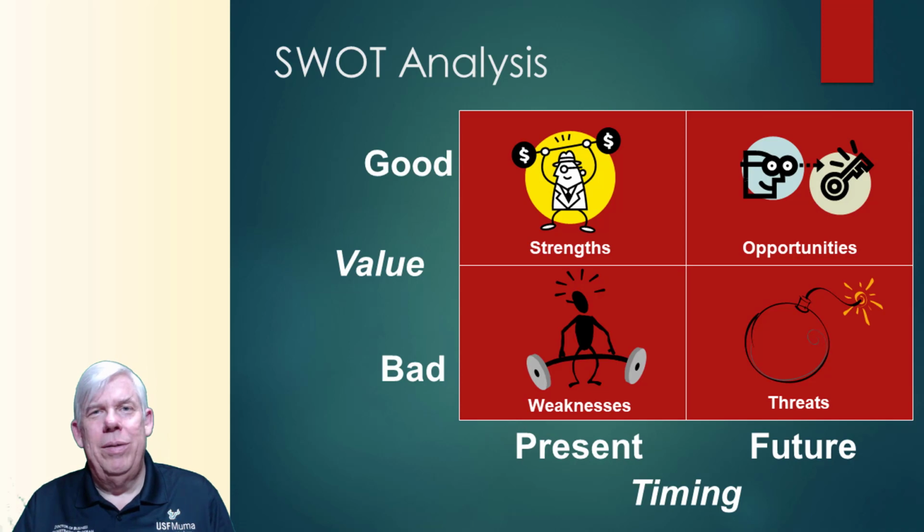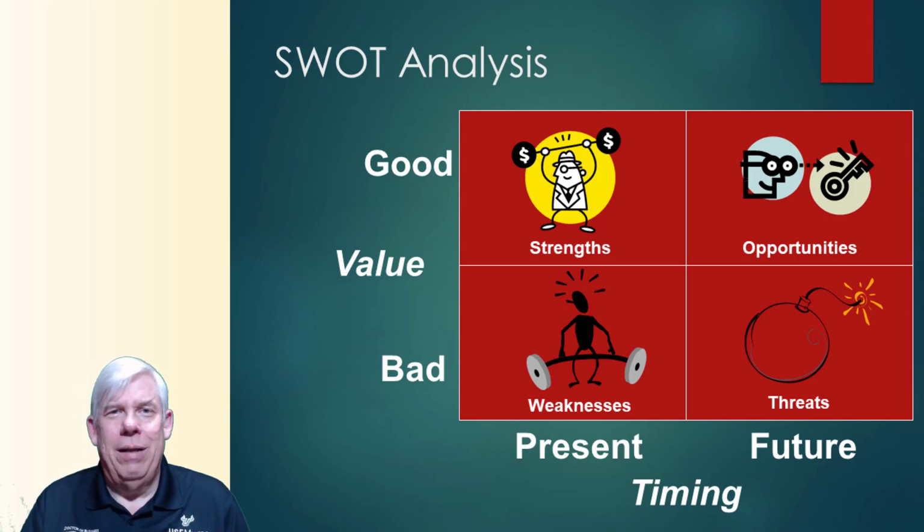Another commonly used tool for strategic analysis is SWOT analysis, where SWOT stands for strengths, weaknesses, opportunities, and threats. Now, SWOT analysis is normally presented in terms of internal and external forces, but I would argue that you can also look at SWOT in terms of present versus future forces, as opposed to internal versus external.